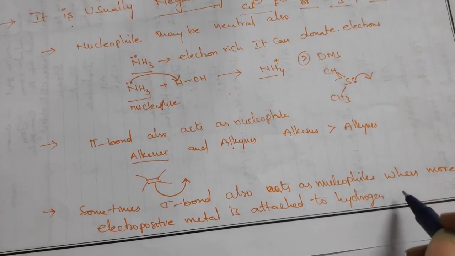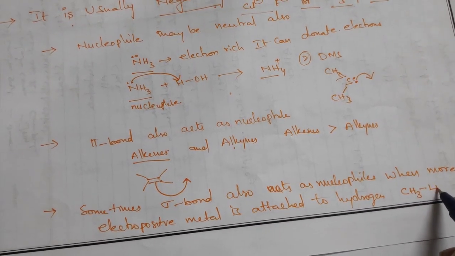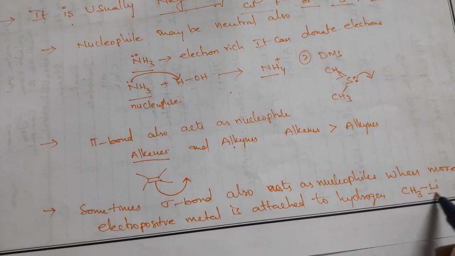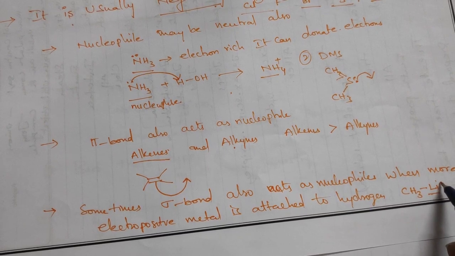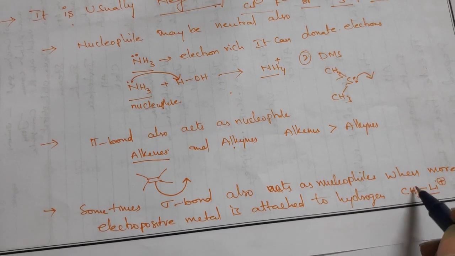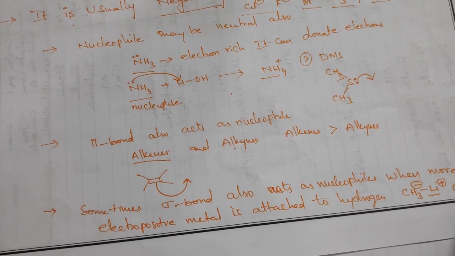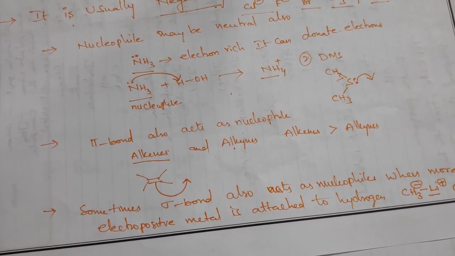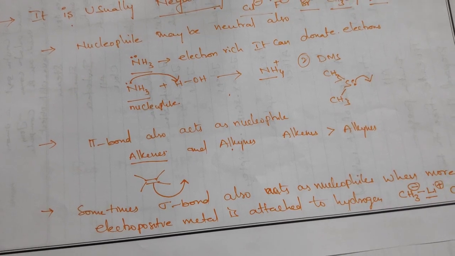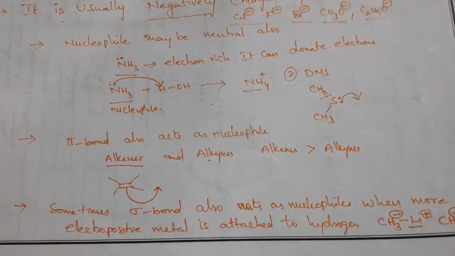For example, methyl lithium. We know that alkali metals like lithium are very electropositive, so it remains positive and this end becomes negative. So the methyl is the nucleophile.